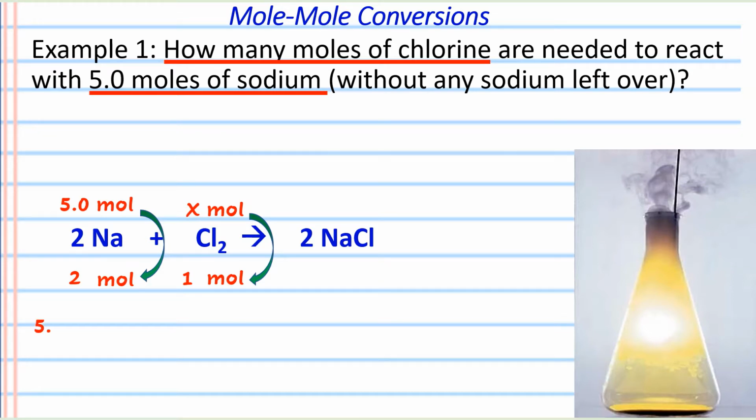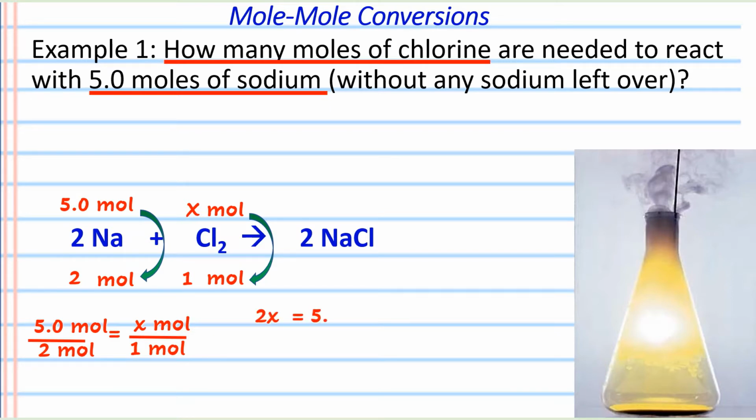We're going to take 5.0 moles above the Na, and we had 2 under the Na. We're going to set that equal to the information for the chlorine. With chlorine, we have X moles above the chlorine, and we have 1 mole below the chlorine. So there's our proportion. The numerators came from the question. The denominators came from the balanced equation, and now we're ready to cross multiply and solve.